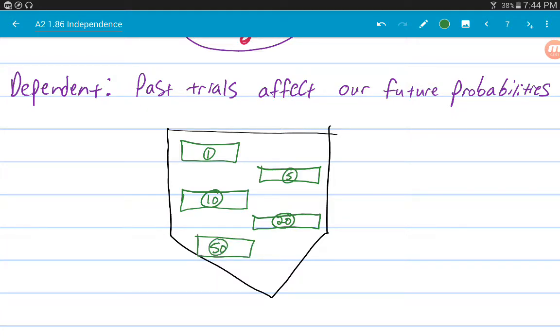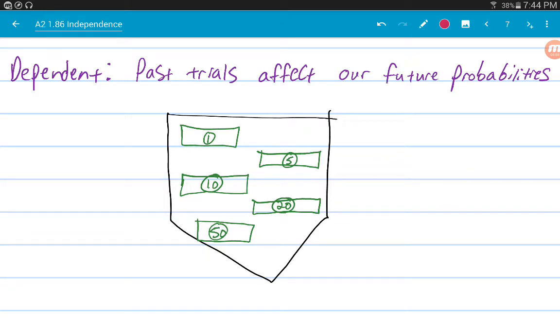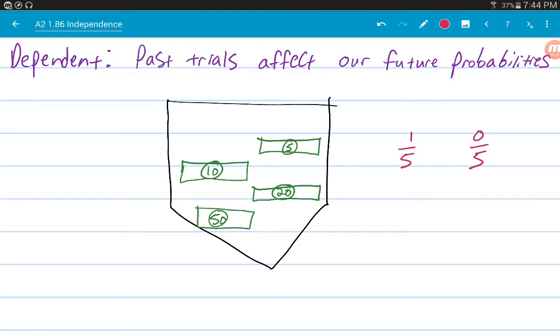Now I've got these dollar bills sitting in my pocket. If I reach in and take the 1 out, the chance of getting that 1 was 1/5. Now, if that 1 is gone, the chance of me getting a 1 again is 0/5. So what I chose in the past affected my future outcome.